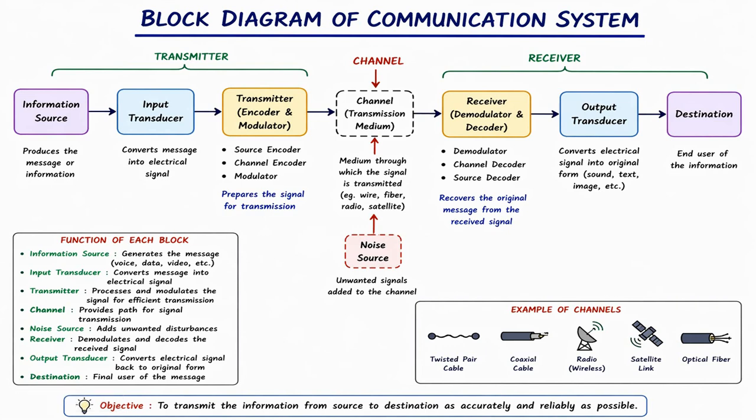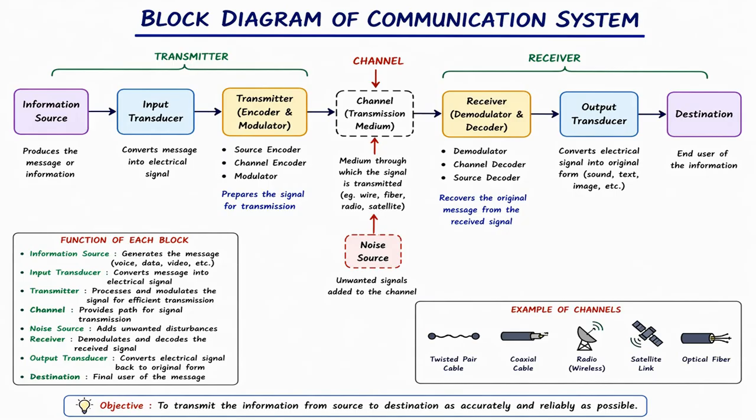Like one example, you can think of a phone call. Your voice will act as the information source. Then your microphone will act as the input transducer, and the mobile transmitter will act as the transmitter.